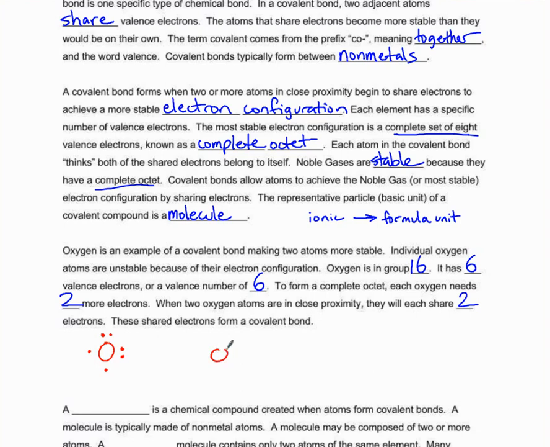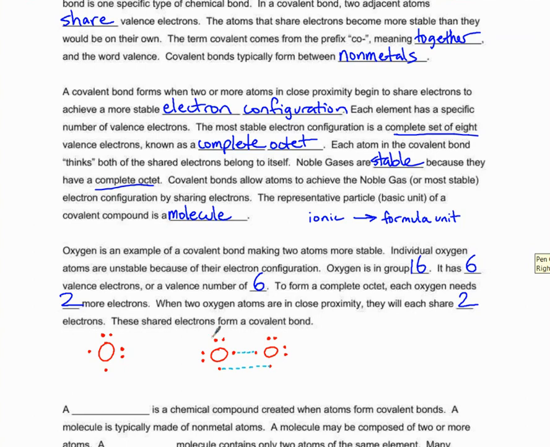But let's say that two come into pretty close proximity, and I'm going to draw them with their single electrons closer to each other. And so here's what's going to happen. They're in close proximity, they're both unstable, and so they decide that we're going to share this pair of electrons and we're going to share this pair of electrons.